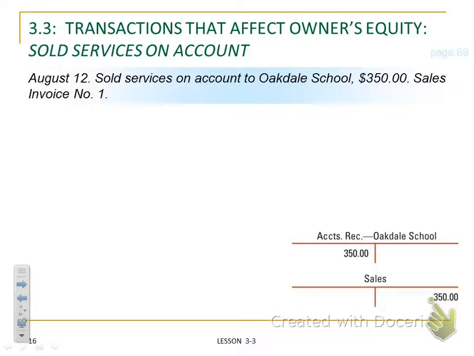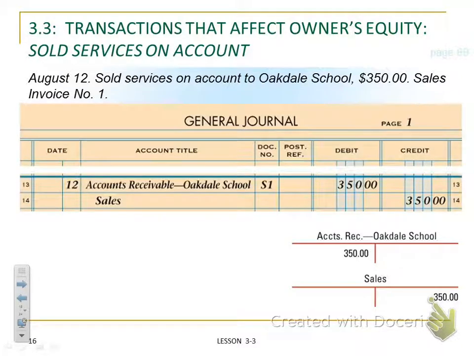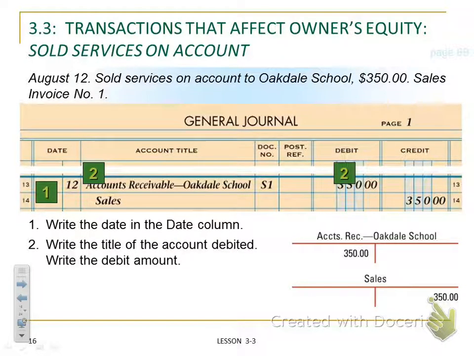Now, when we journalize this transaction, we're going to put it into our journal first by putting the date. Then we're going to put the debit part of the transaction in under the account title, and we'll record the debit amount in the debit column, and then we'll record the credit to our sales by slightly indenting our sales in the journal under the account title, and then recording the credit amount of $350 in the credit column.